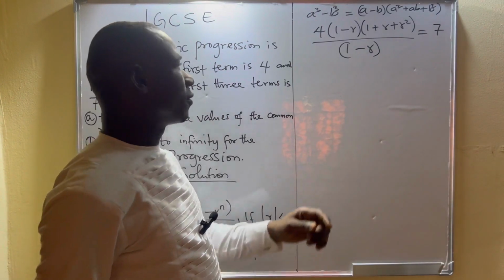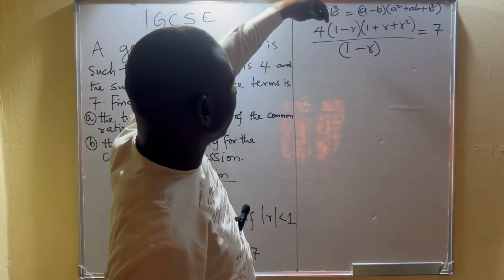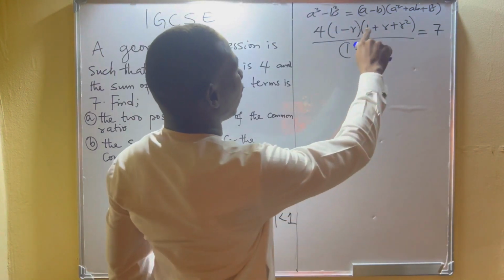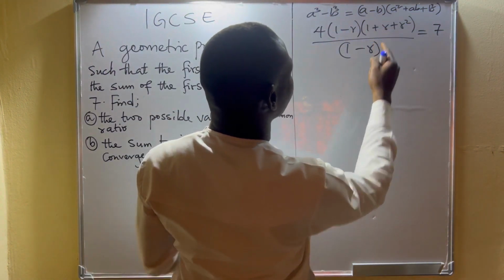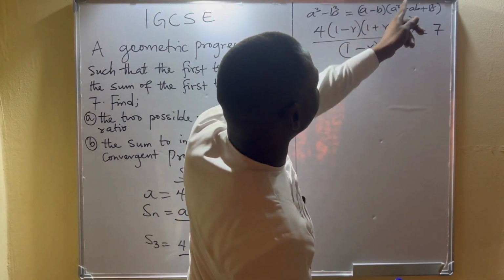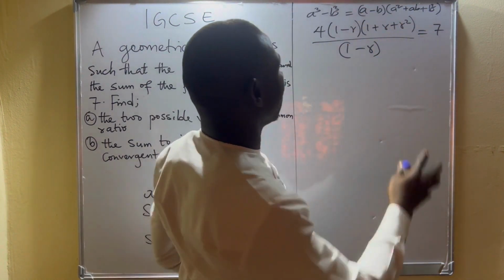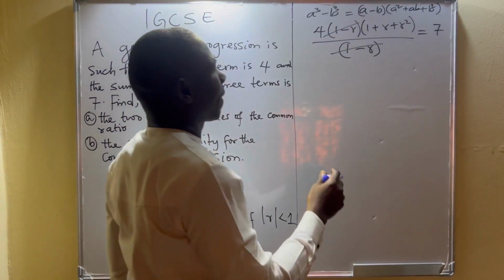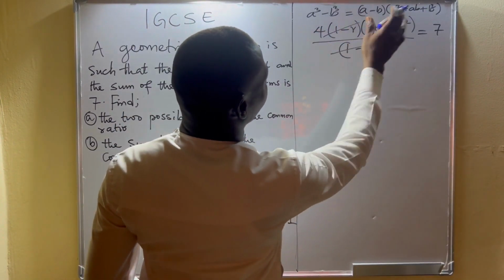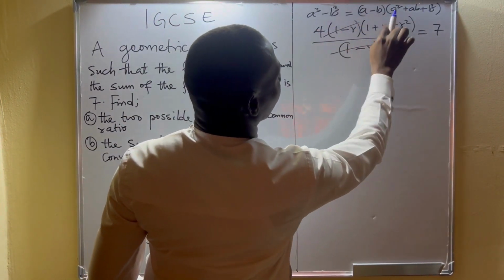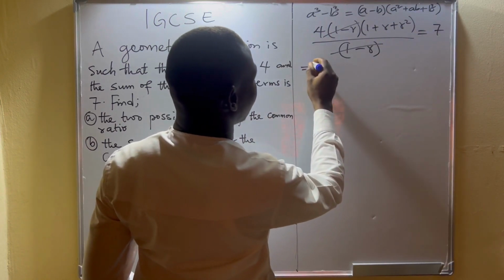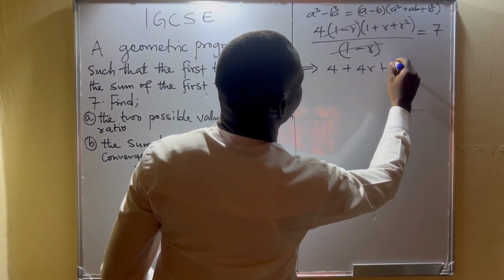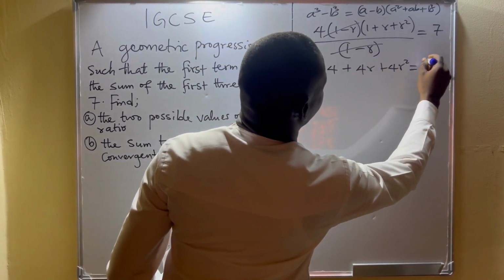You can see that if 1 is acting as a here and r is our b, you have 1 squared, which is 1, times r, which is r, plus r squared. That's exactly what we have here. So I'm free to cancel out. If I cancel out, I'll have 4 times this. So I will use this 4, open this bracket. What I will have is 4 plus 4r plus 4r squared equal to 7.